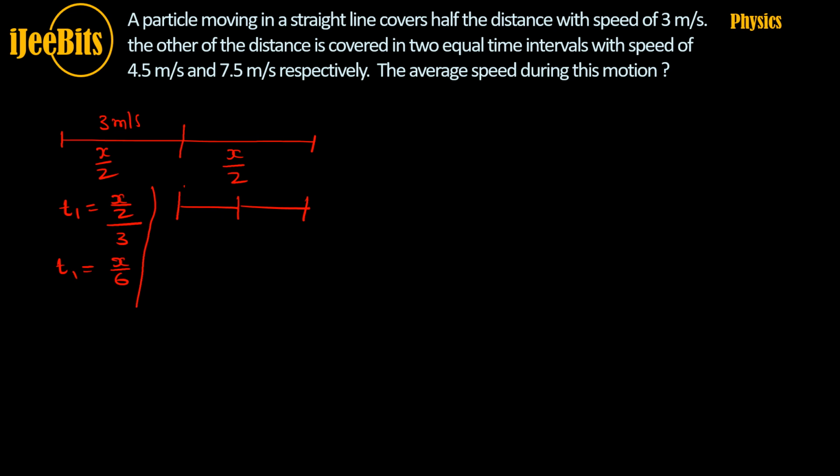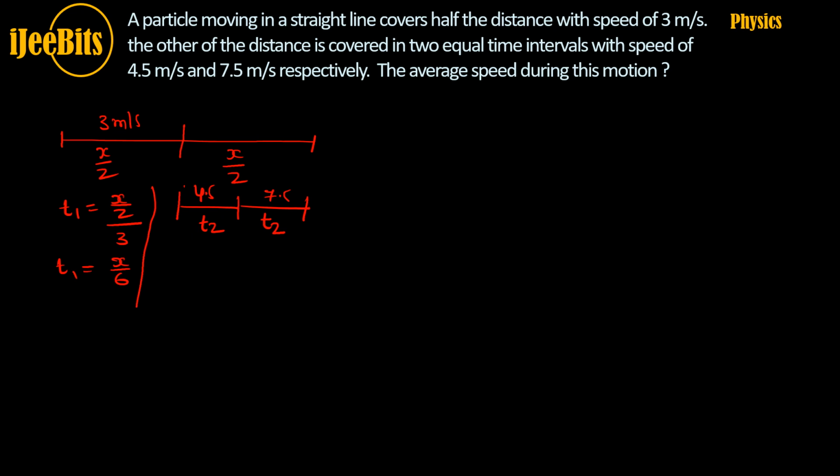That's what it's saying, right? If this is T2, probably this is also T2. T2 and T2 are both the same. You get 4.5 meters per second for this one, 7.5 meters per second for this one. Right? Total distance x by 2.